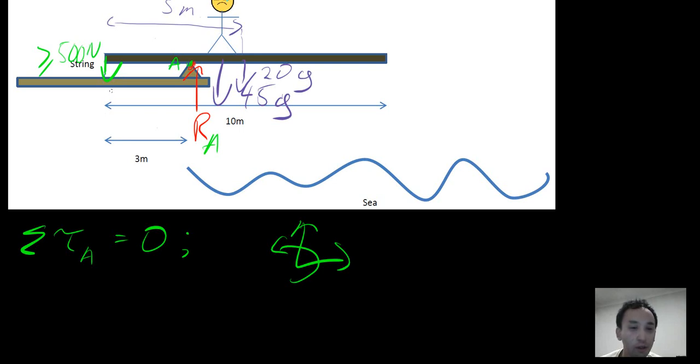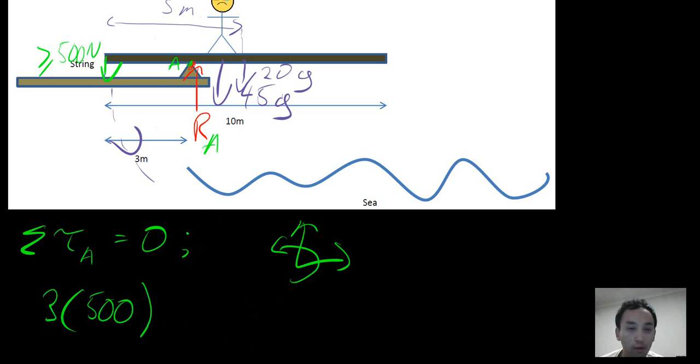Over here, we sum up the torques around the point A, going from left to right. This tensile force here is 500 newtons for now, so 500 newtons anti-clockwise. I'll write the distance first: 3 meters to the left and 500 newtons.